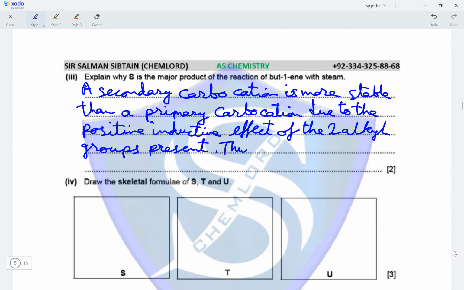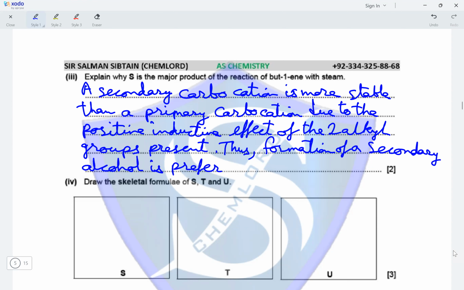Thus, formation of a secondary alcohol is preferred over the formation of a primary alcohol.